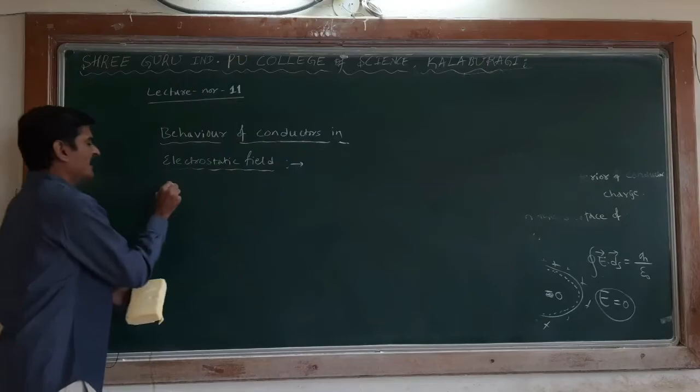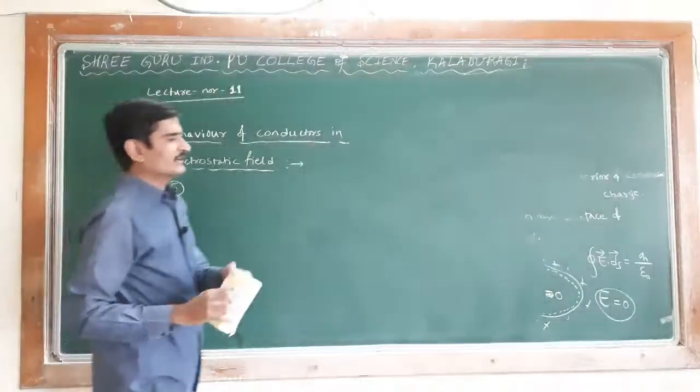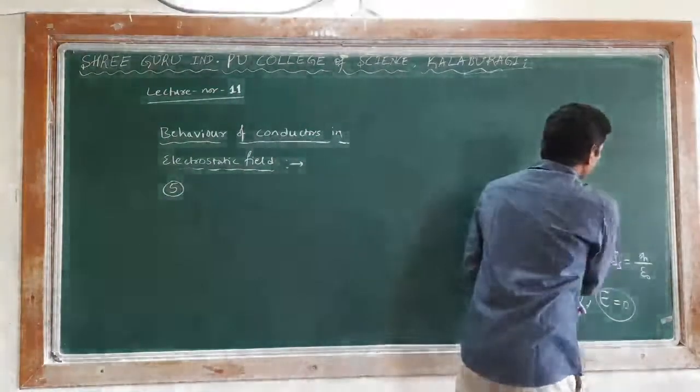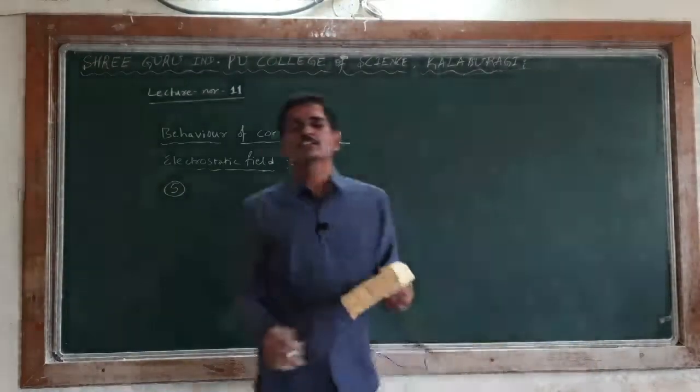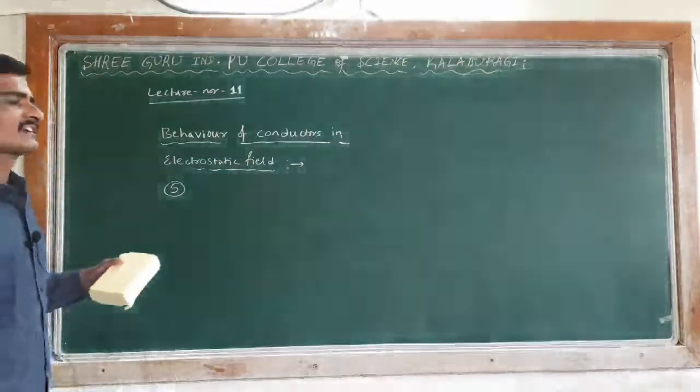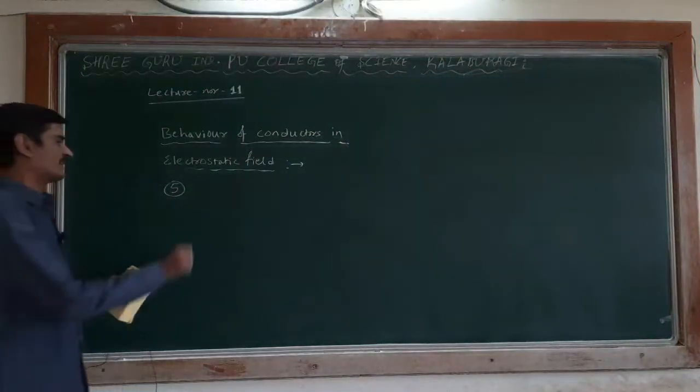Fifth one, electric field intensity due to the charged conductor is directly proportional to the surface charge density.